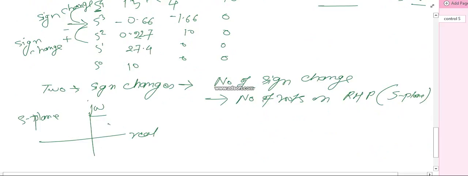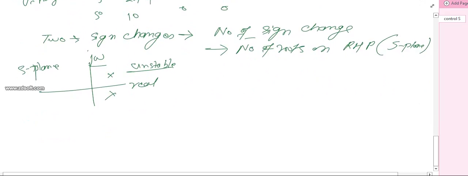So here if the roots are on this side, the system is unstable, and since we have two roots, the system is unstable in this case. Okay, so here you understood very well. Now let me take another example. I am taking these examples to make you understand the points that have to be kept in mind while dealing with the Routh Hurwitz criteria.